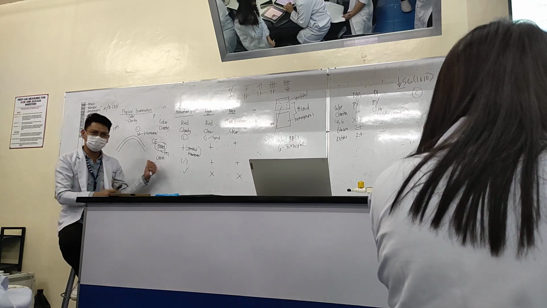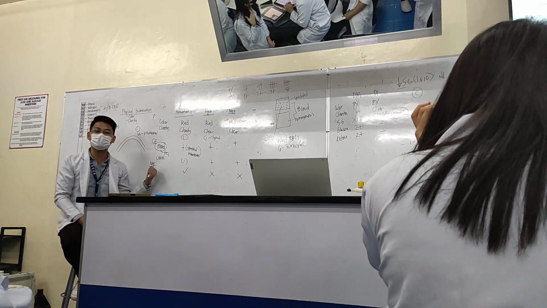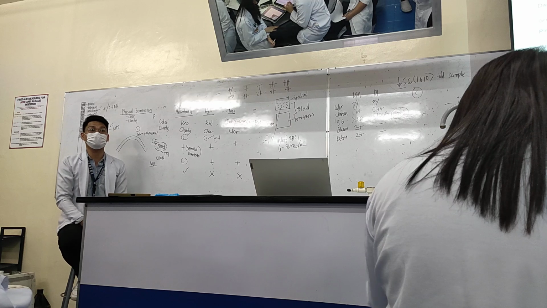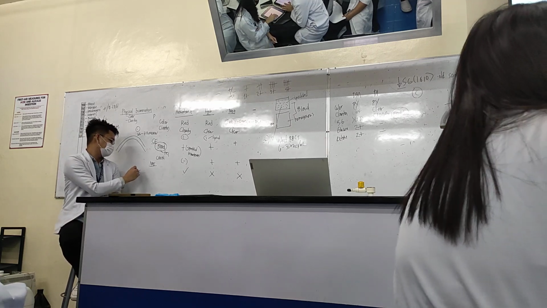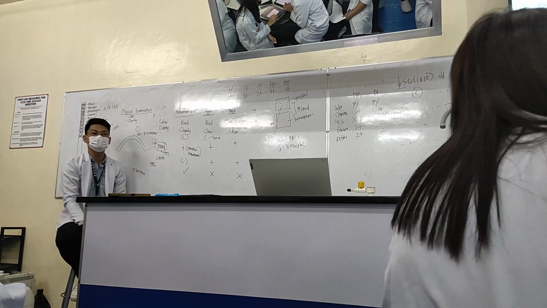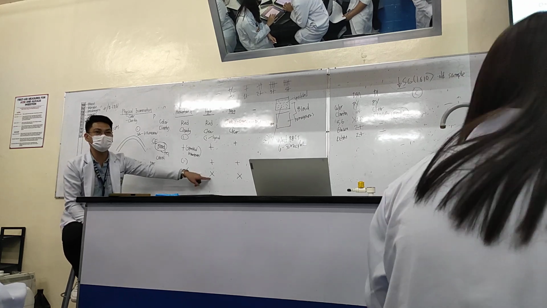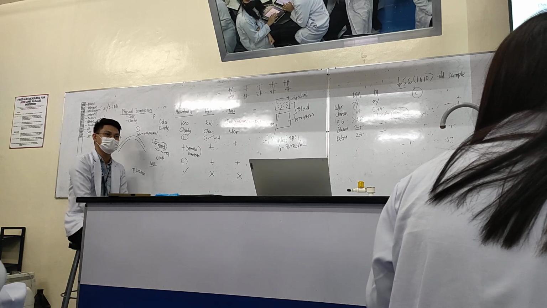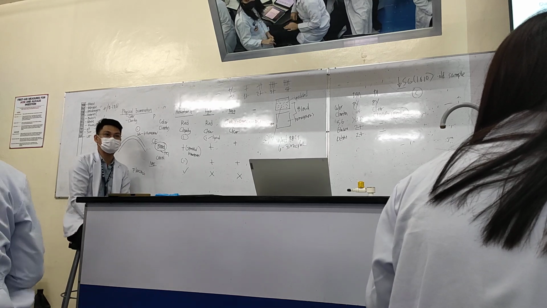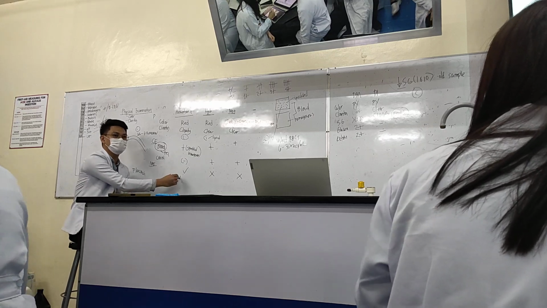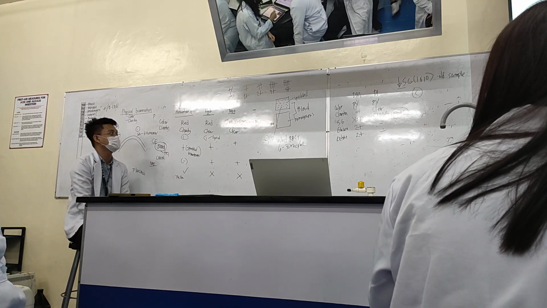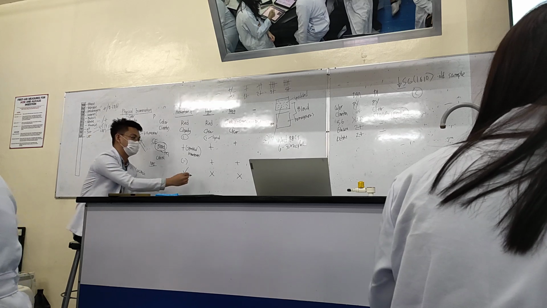Okay. So if you are not convinced yet with this result, you can check the plasma, the blood plasma, of your patient. If you have hematuria, what's the color of the plasma? Yellow or pale yellow, right? How about hemoglobinuria?